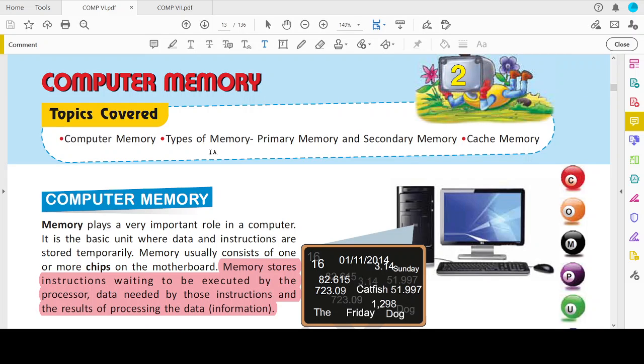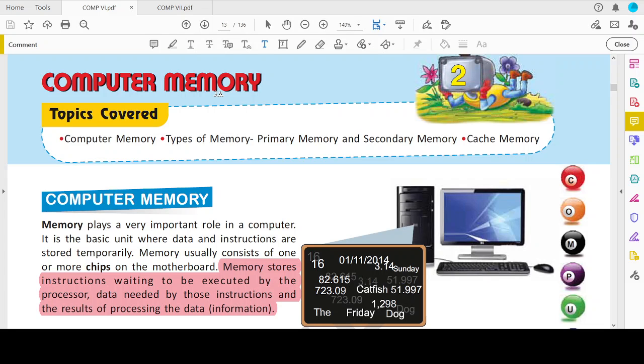In this tutorial, we will learn and discuss about computer memory. That is the second chapter of your book IT Planet. In the previous chapter, when we read about the fundamentals of computer, we saw the various hardware parts of a computer system, like the input devices and the output devices.